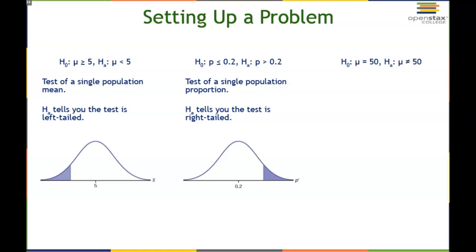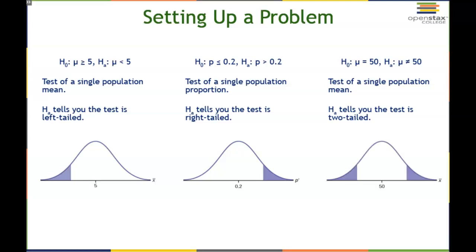Another scenario, H0 is mu equals 50, and HA is mu does not equal 50. Okay, we're back with mu, so we know this is a test of a single population mean. And our HA is not equal to, so therefore this is a two-tailed test. So when we're graphing this or sketching an idea of what this problem looks like, we're going to have two tails with mu 50.